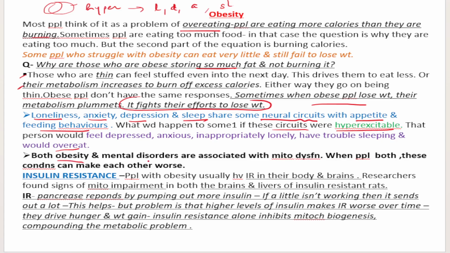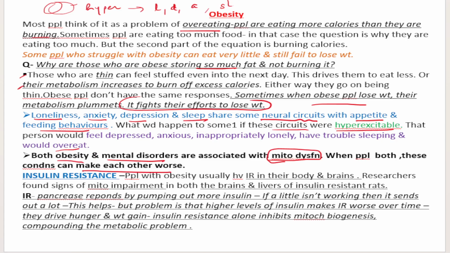So both obesity and mental disorders are associated with dysfunctioning of mitochondria. And when people have both obesity as well as mental disorders, they can add to each other, and these conditions can make each other worse.